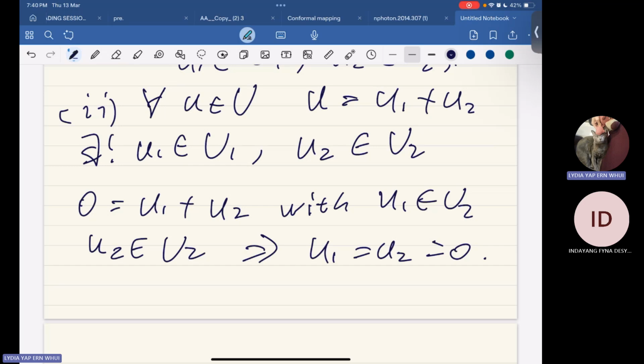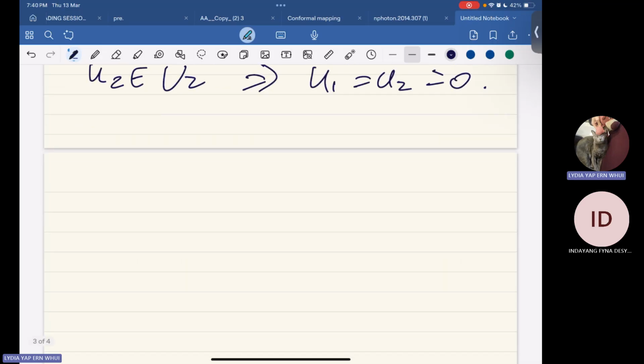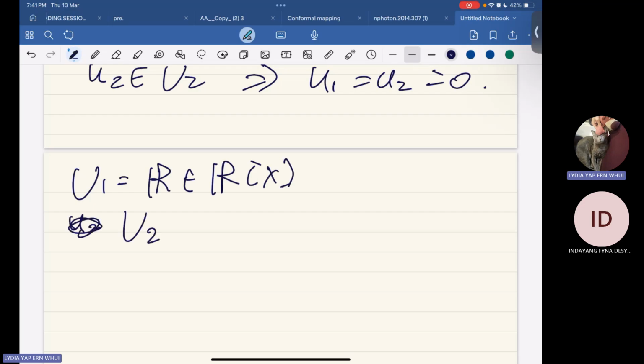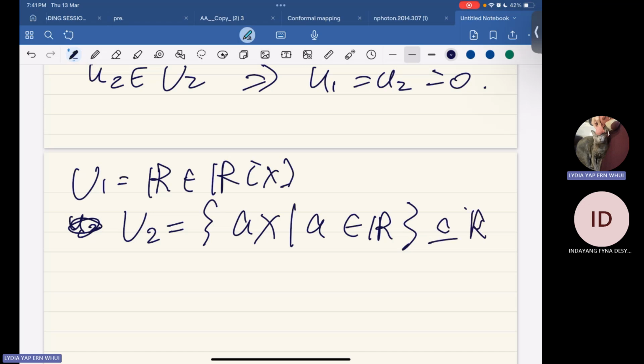Okay, actually, this is the definition of direct sum, and we will define our graded ring with this direct sum. And before that, let's see an example of what a direct sum is. Let's consider U1 as R in R adjoin X, and our U2 will be monomials with degree 1 in R[X].